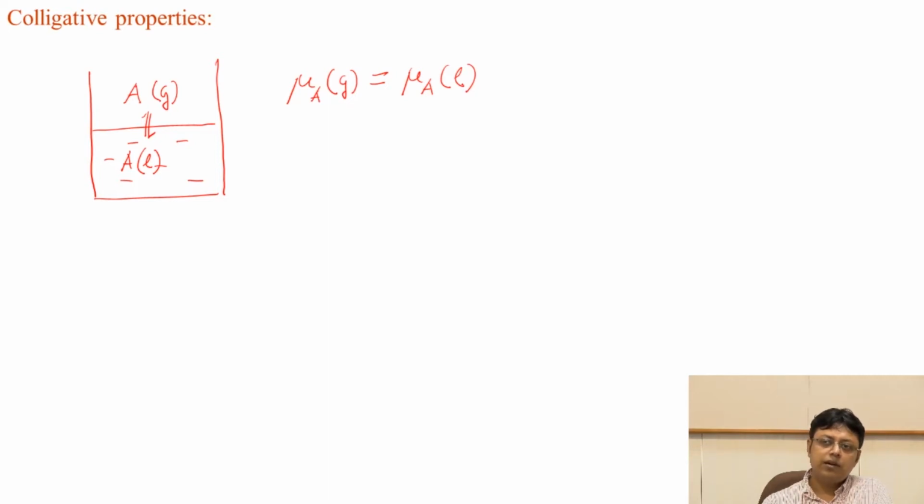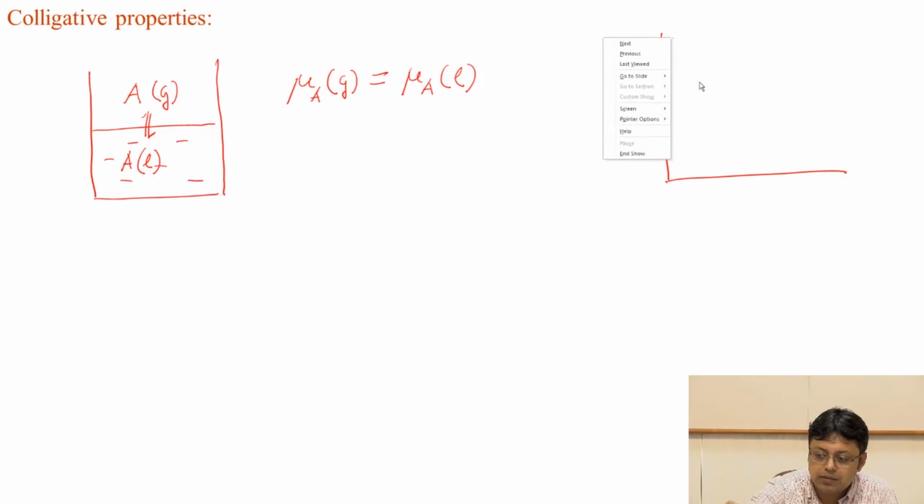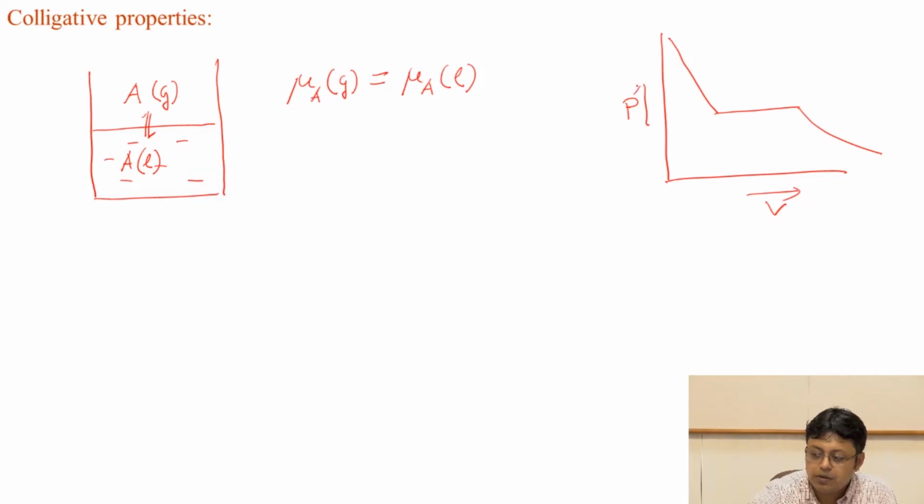And we discussed it in various contexts actually. If you remember when we discussed the Andrews curve, you showed this nice pressure-volume curve, where over a large range of volume, pressure is kept constant. This is also an isotherm, which means temperature is also constant.